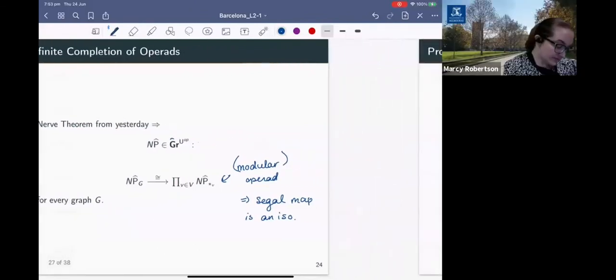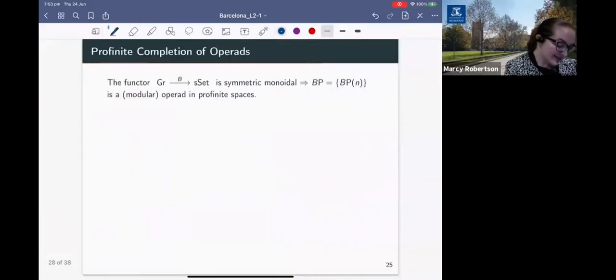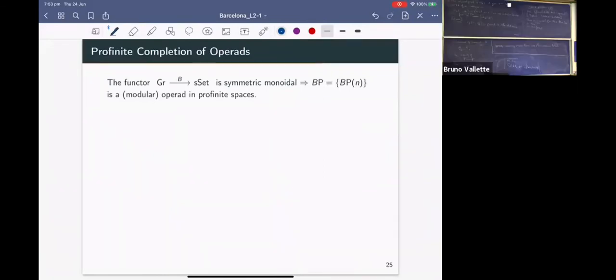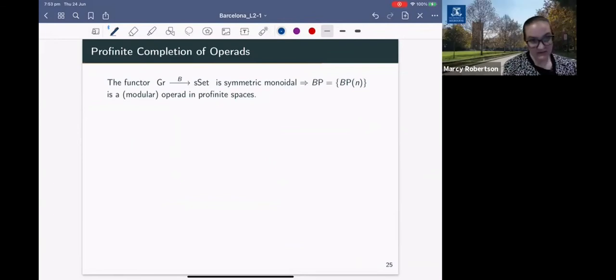Okay, good. What we're actually interested in is what happens when you look at the classifying spaces of these groupoids. So I'm going to have the functor B, the classifying space functor, of a groupoid, and this is symmetric monoidal.